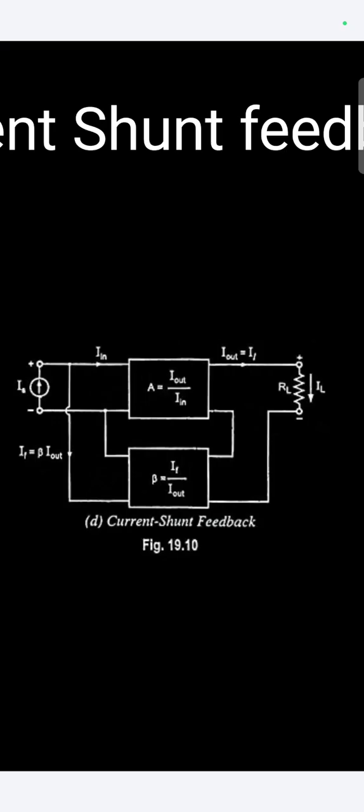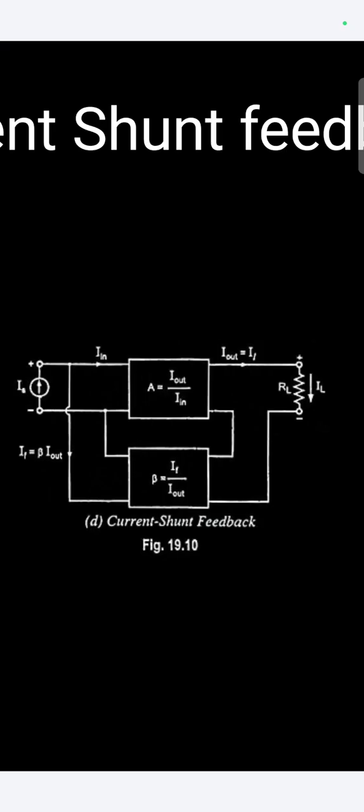Next we mix the feedback factor with the input in shunt fashion. If it is shunt, which type of source is used here? Shunt is parallel, right? So a current source, a current source in parallel with a resistor, means a current amplifier.